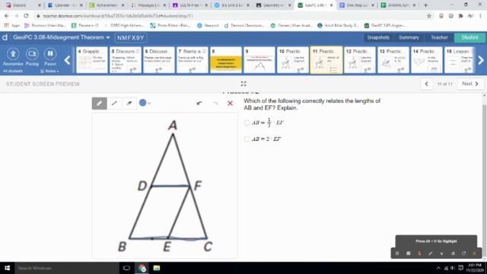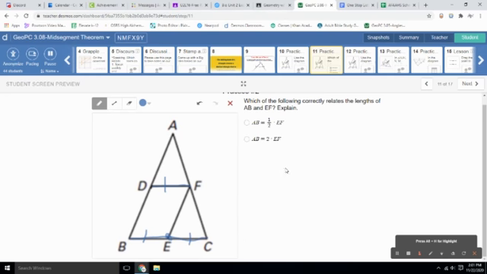This line BC is going to be 2 times the length of DF. In other words, DF is half the length of BC. Now, if E right here is the midpoint of BC, that would mean that DF is the same length as BE, and DF is the same length as EC or CE. Okay?